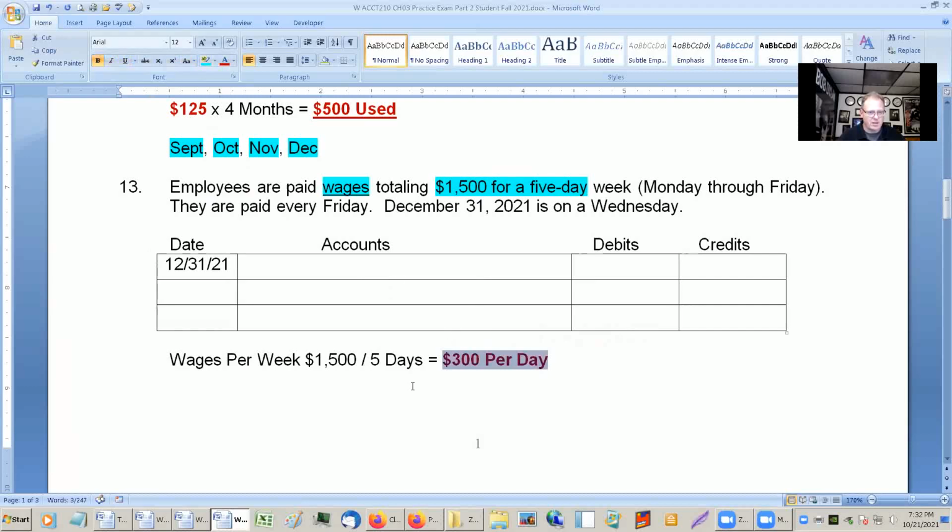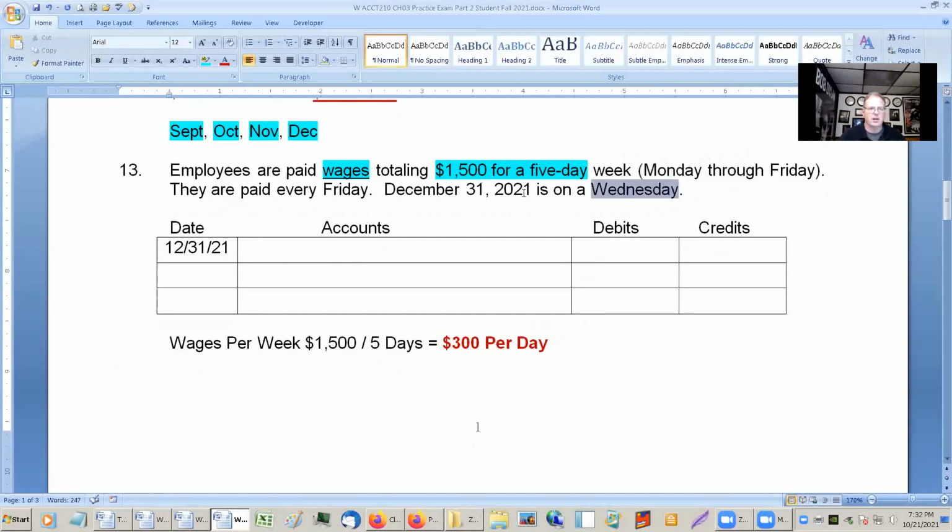Now the question is, how many days do we owe them for? They're paid Monday through Friday. And the year end is on Wednesday. So how many days do we owe them? 3 days. Yep. Exactly. So this would be 3,900.